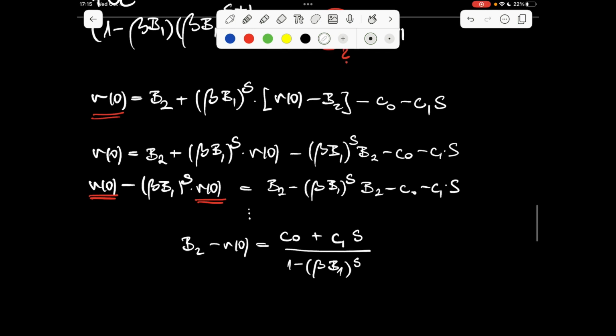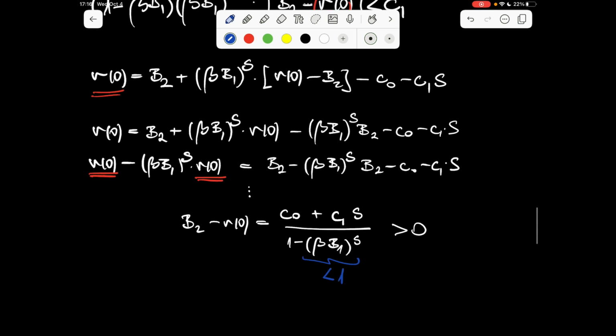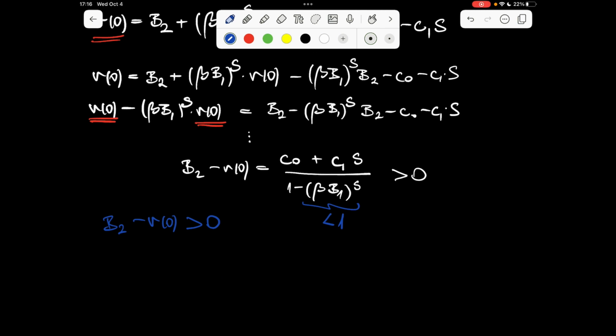Which is positive, because this term is strictly less than 1, and this result justifies our previous assumption that this difference can be supposed to be strictly positive.